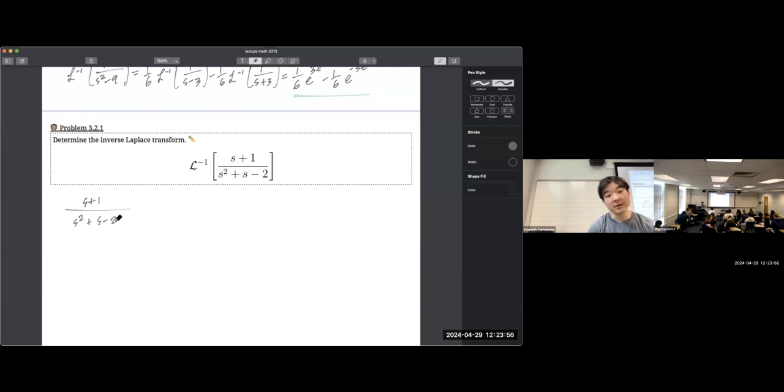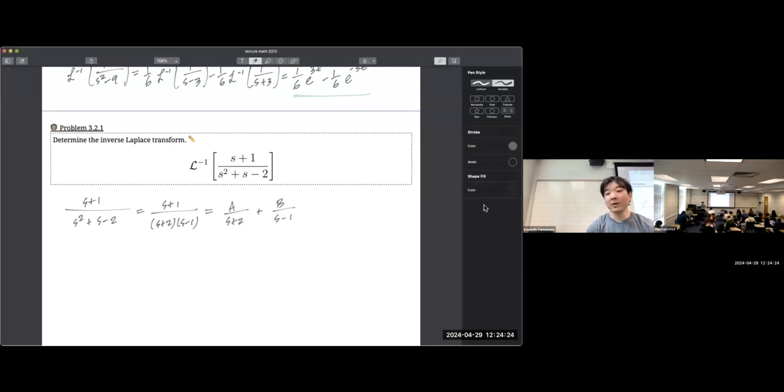It's going to generate a bunch of terms that are separate fractions due to the partial fraction decomposition. And each of those terms are simple inverse Laplace transforms that we can find. So you can actually take the factor at the bottom. This decomposes into A over s plus 2 plus B over s minus 1.